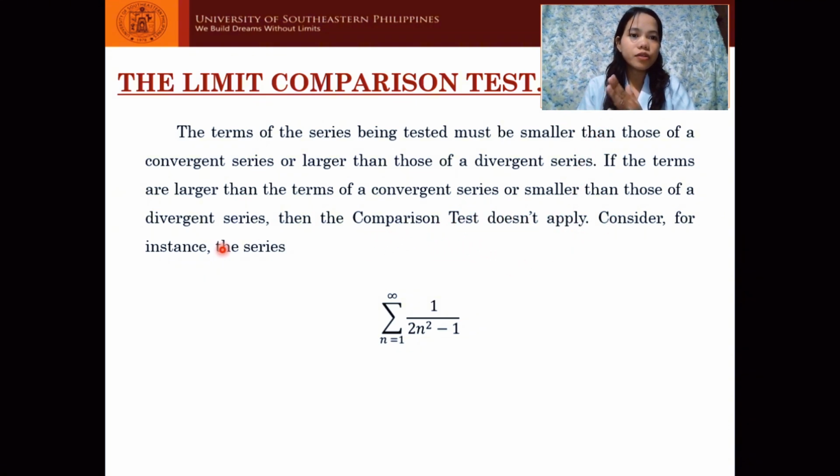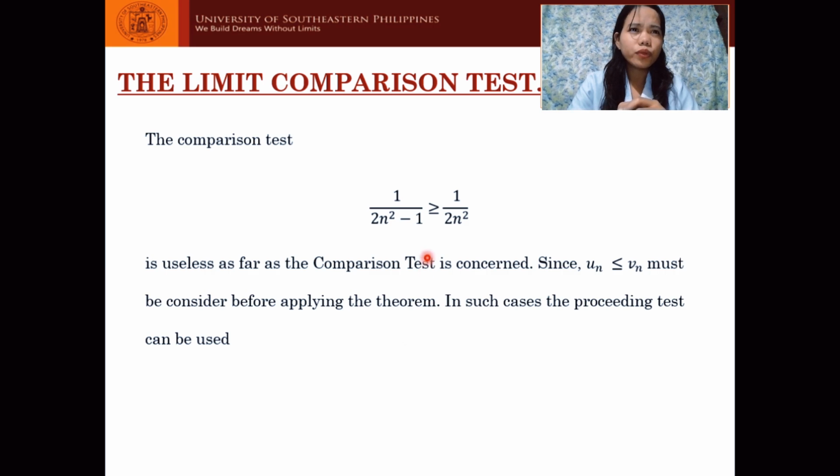The series of the summation of 1 over 2n squared minus 1, n ranges from 1 to infinity. Let us try to apply the comparison test. So 1 over 2n squared minus 1 is greater than or equal to 1 over 2n squared.